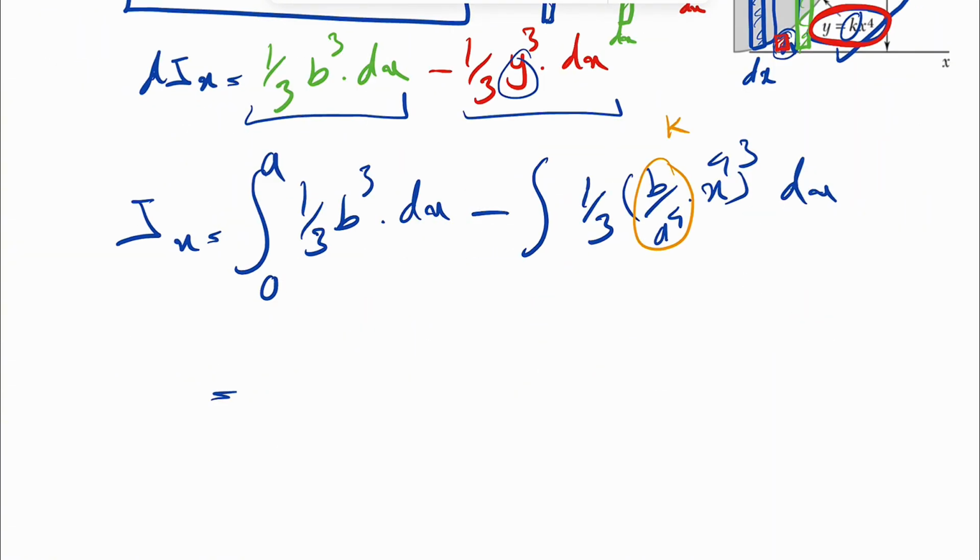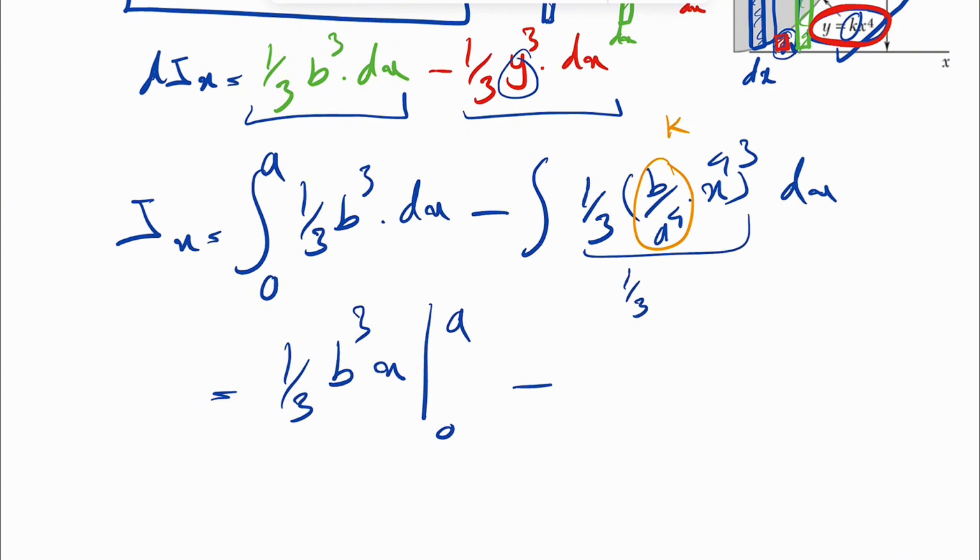For the first part, this is basically 1/3 of b cubed x from 0 to a, and for the second one, this will turn into 1/3 of b cubed over a to the 12 times x to the 12 dx.